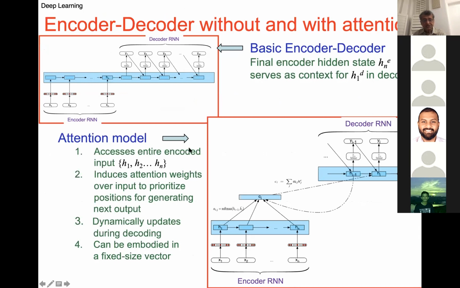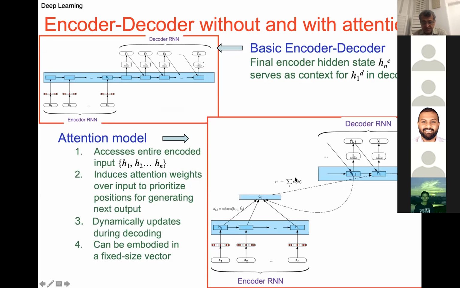The attention model version has a slightly different architecture. It's got the same sequence here, but it is now creating a context vector C, and this context vector C also takes in what has been generated in the first output. This context vector C has elements Ci, the sum of alpha ij times hj.